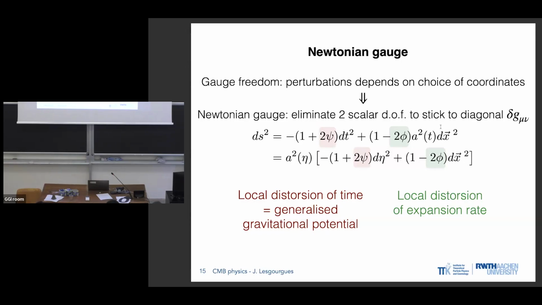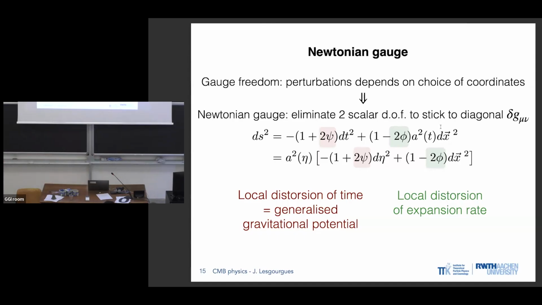So psi will play the role of a generalized gravitational potential. Phi appears in a term in factor of the scale factor a. And so you can think that the scale factor a gives you the average expansion rate, and phi gives you a local modulation of this expansion rate. It tells you if in one point of the universe you are a bit ahead or a bit behind the average expansion.